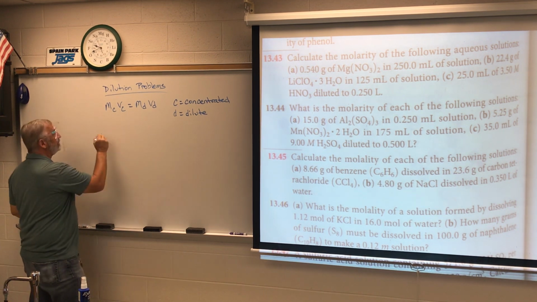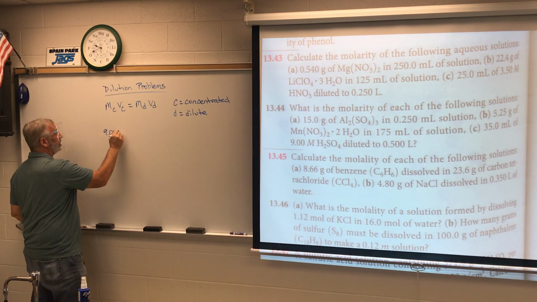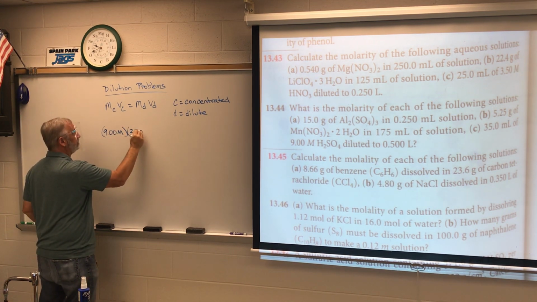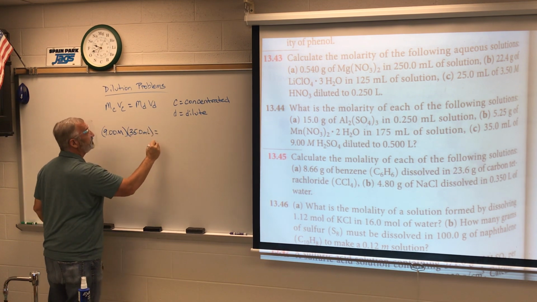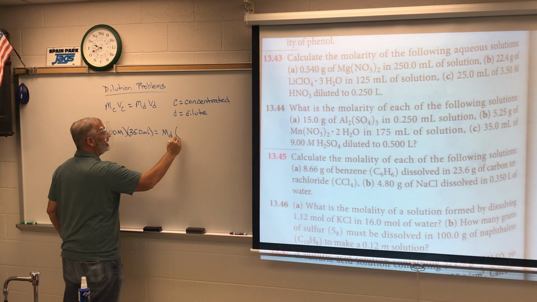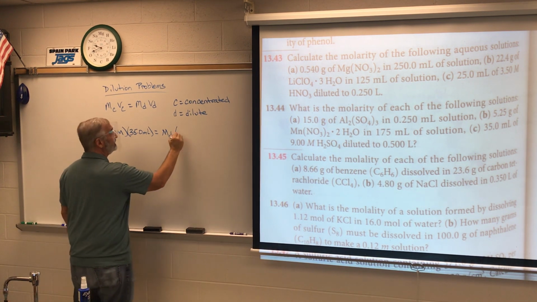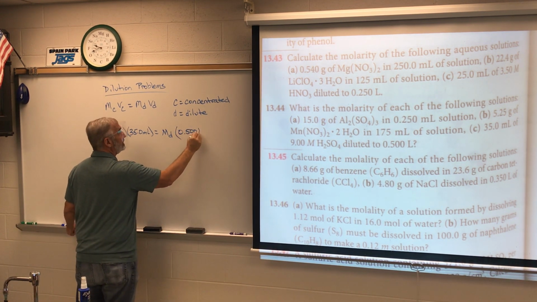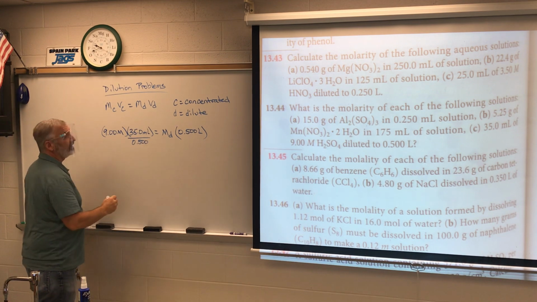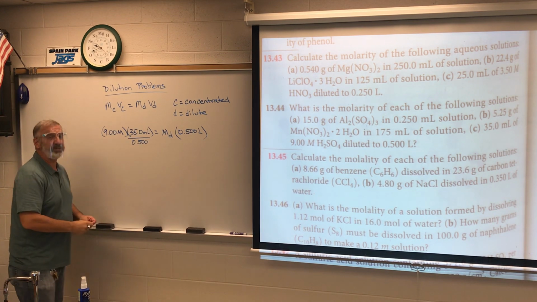So we have 9 molar times 35, right? Is equal to, we're looking at the question asked for what's the molarity of the dilute, and we're changing it to 0.5 liters. So notice you're just going to really go, I'm making another mistake.